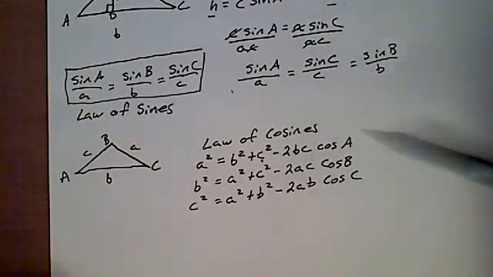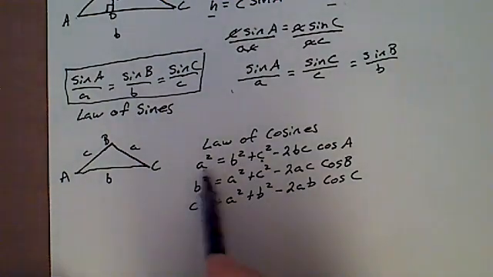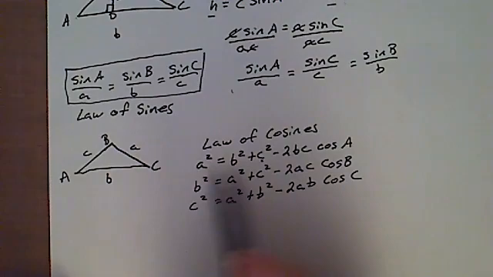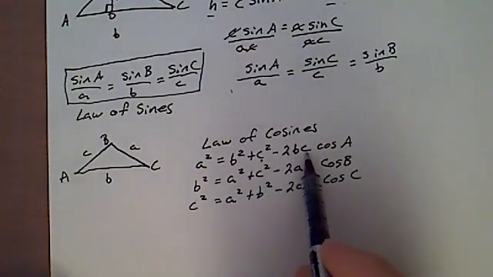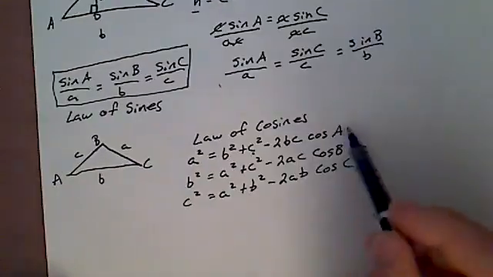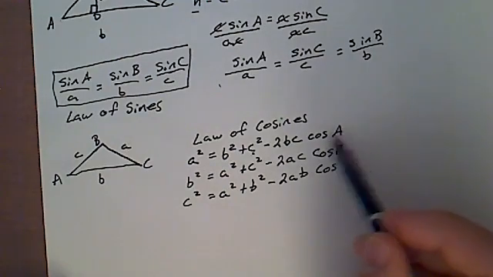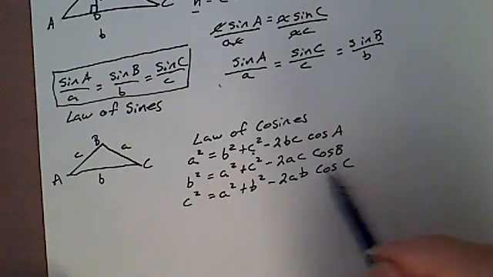A few notes here. a squared equals b squared plus c squared. Those are all the sides, right? Minus 2bc, b and c are sides. The only place the angle is showing up for the law of cosines is this last part, the cosine of angle A, the cosine of angle B, the cosine of angle C.